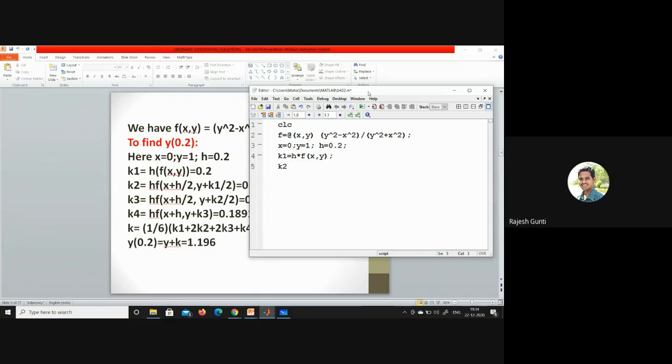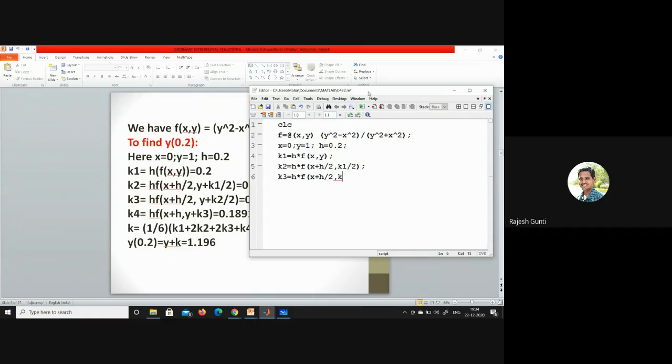Side by side we can write K2 is h into f of x plus h by 2 comma y plus K1 by 2. K3 is h star f of x plus h by 2 comma y plus K2 by 2.